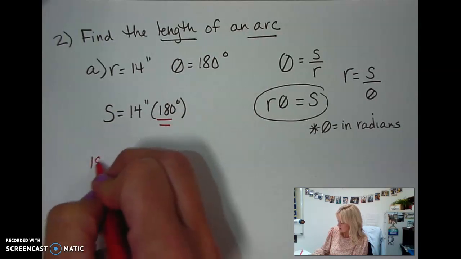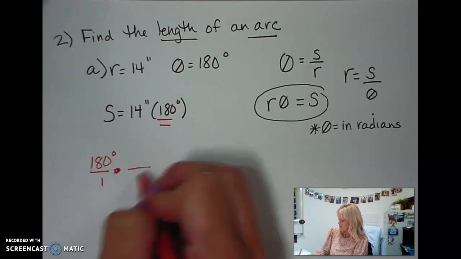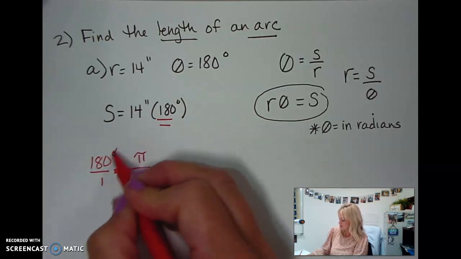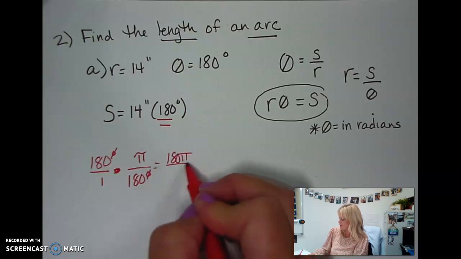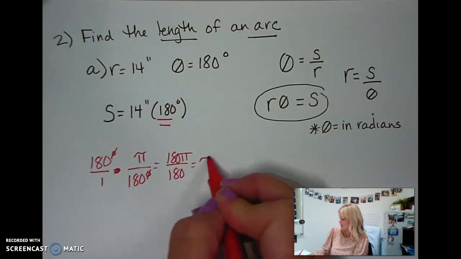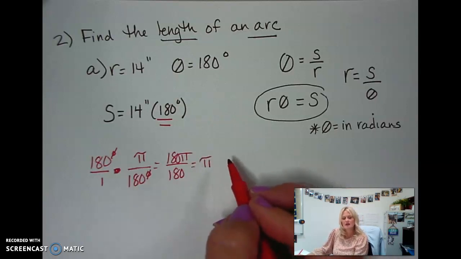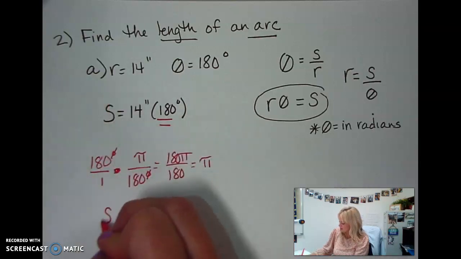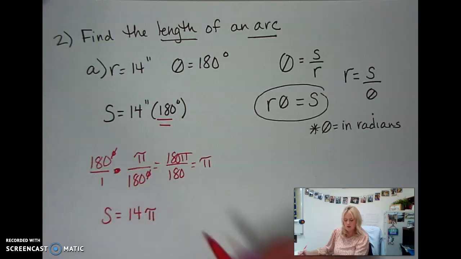So if I'm trying to get rid of degrees, degrees is going to go on the bottom, pi on top, degrees cancels, and I get 180 pi over 180, which is pi. You should have probably already known that, but just to remind you on how to convert. So now S equals 14 inches times pi, or that is our arc length.